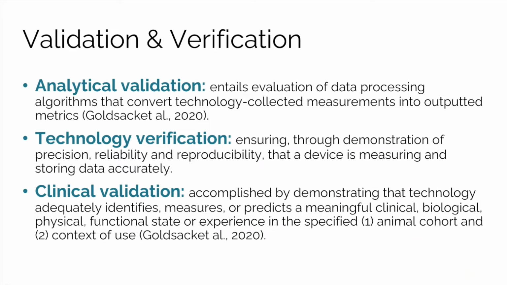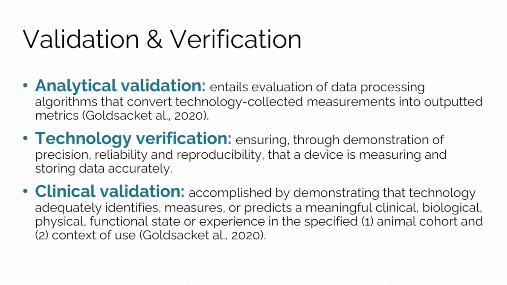And then technology verification. Here we ensure, through demonstration of precision, reliability, and reproducibility, that the device is measuring and storing data accurately. So if you're expecting something to be measured by the device, we make sure that the device can do that over and over again with a similar output.